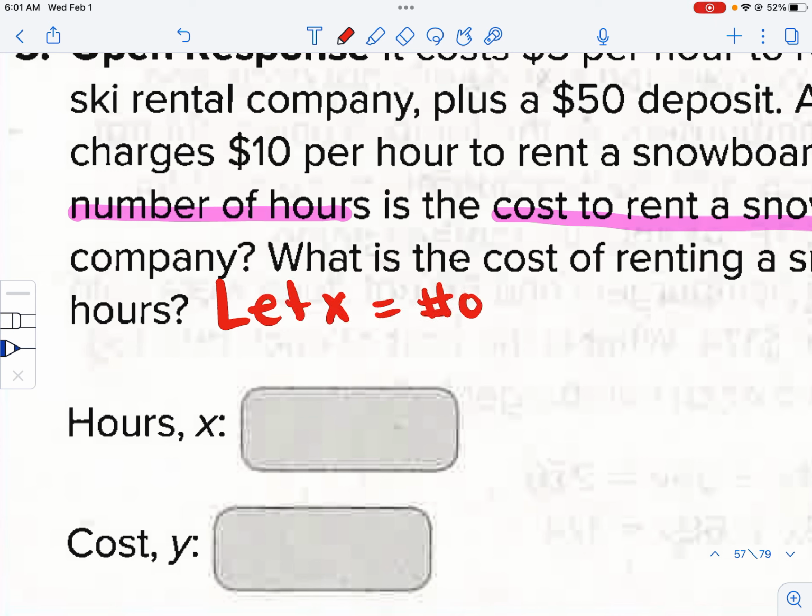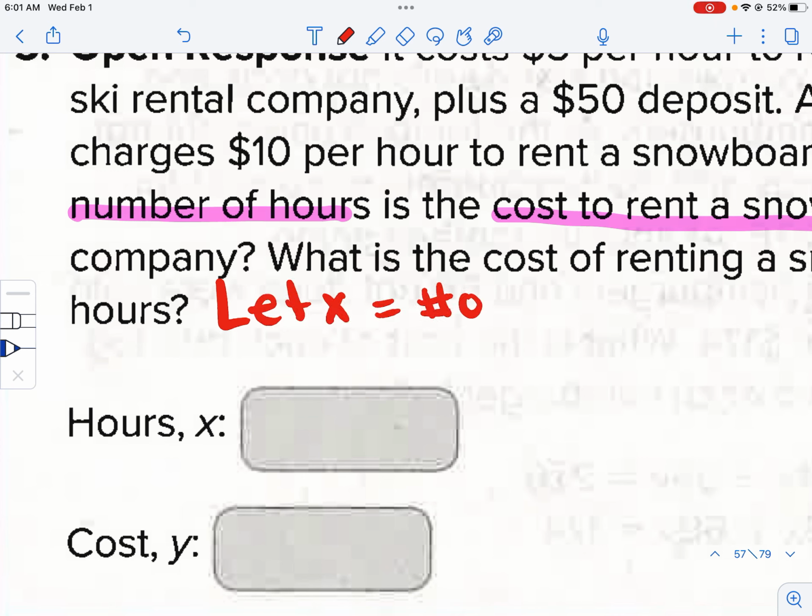Okay, so what are the two things we're talking about? We're talking about jars of salsa and cucumbers. So I'm going to do let x equal the cost of a jar of salsa. I want to write it in words.